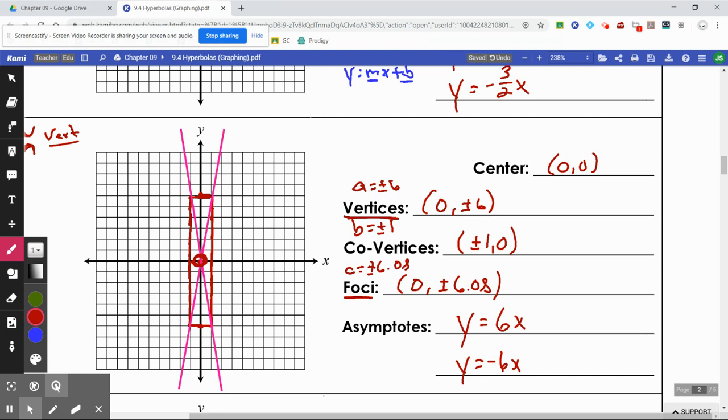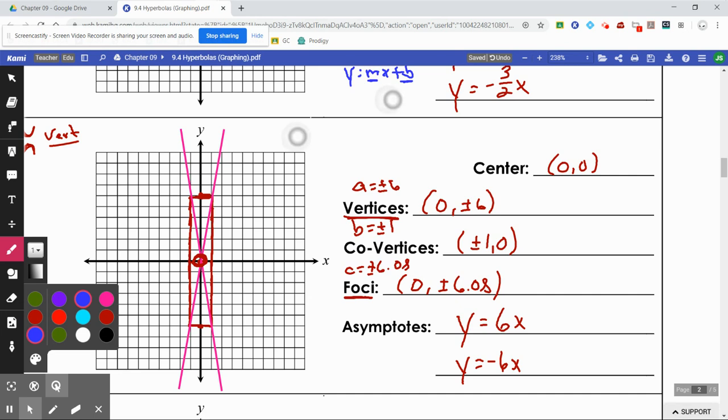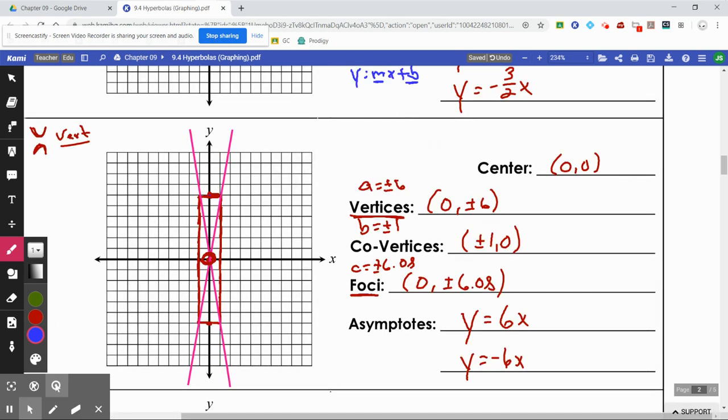So therefore, there are all of our stats, everything that goes along with the properties of these hyperbolas. And since this is a vertical hyperbola, from there we're just going to sketch the drawing. So the vertex is on the hyperbola, so it's going to follow these asymptote lines up through here.